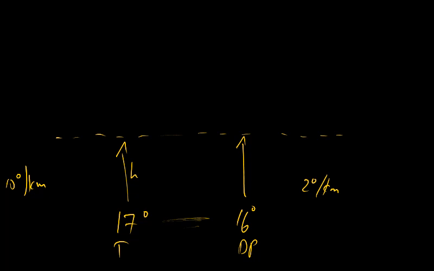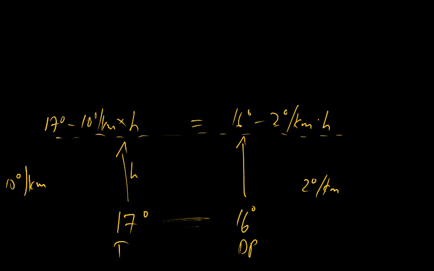So at this point, we have 17 degrees minus 10 degrees every kilometer for how many kilometers? We'll just call it h. And the dew point is 16 degrees minus 2 degrees every kilometer times the same h. And at some value of h, these are going to be equal.